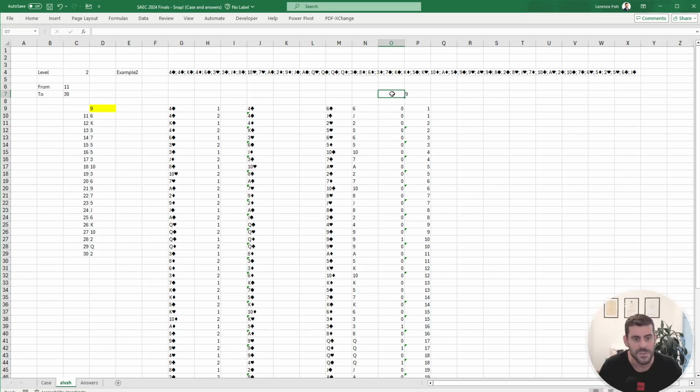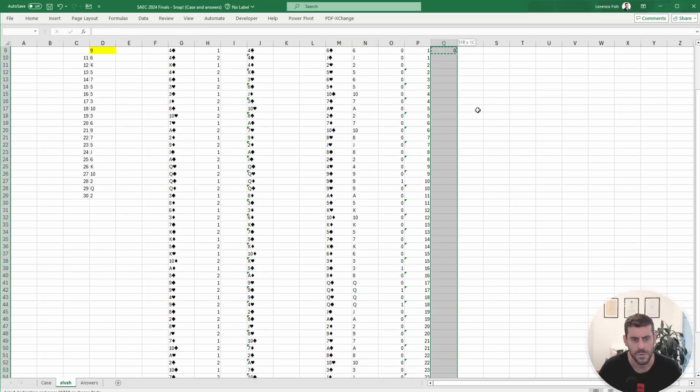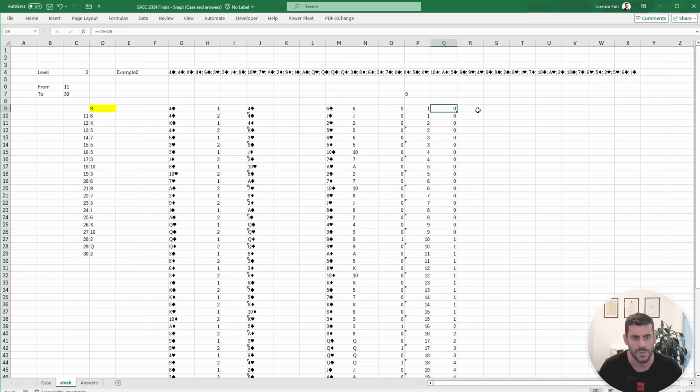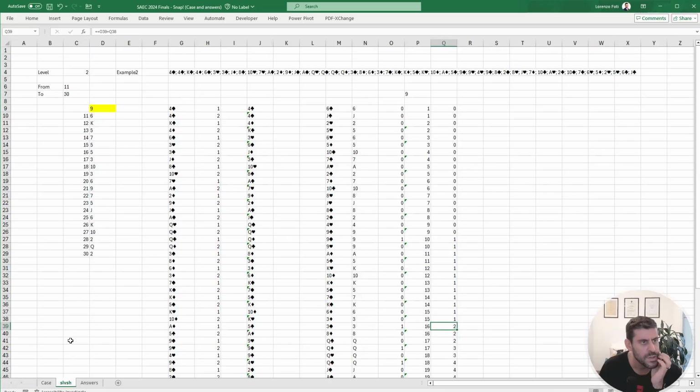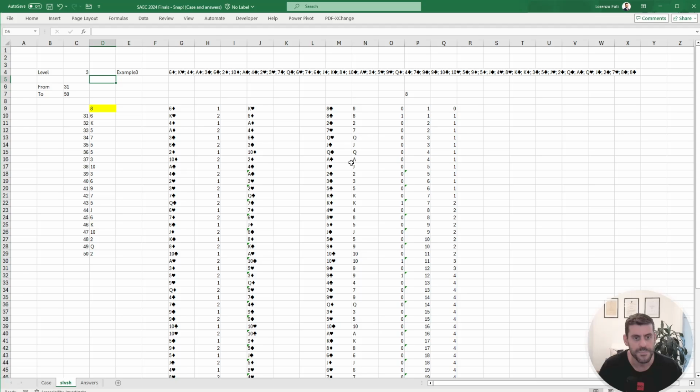The second snap, round 6. Every time the same problem.